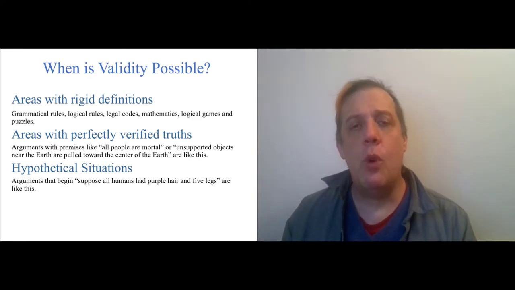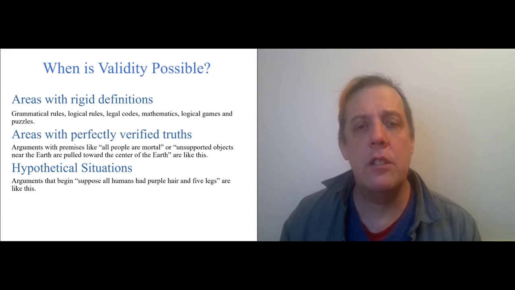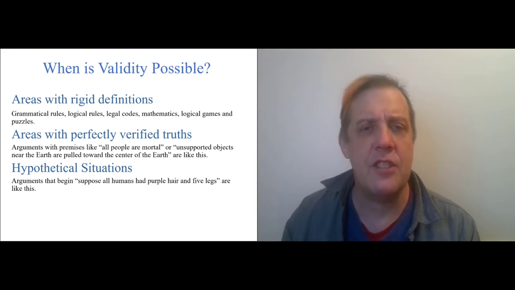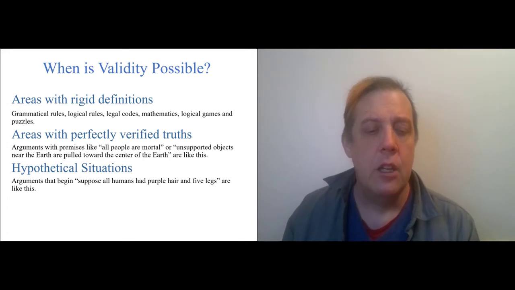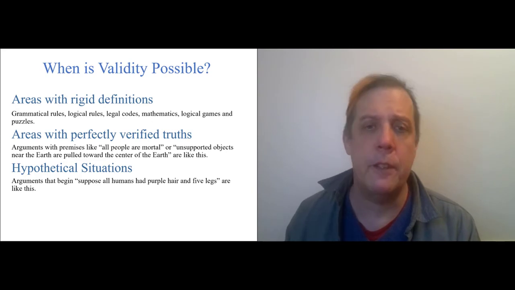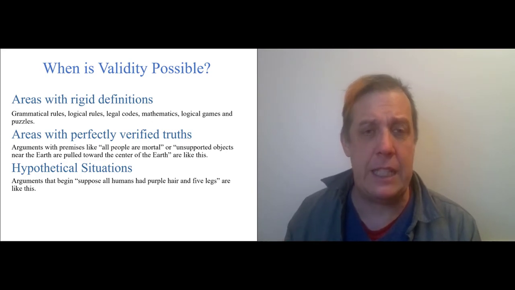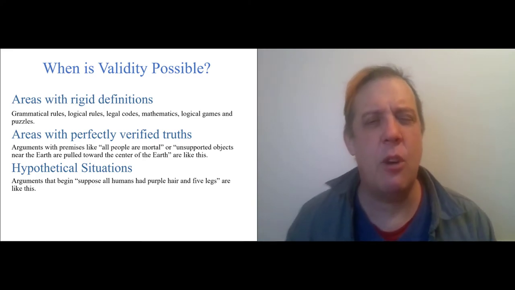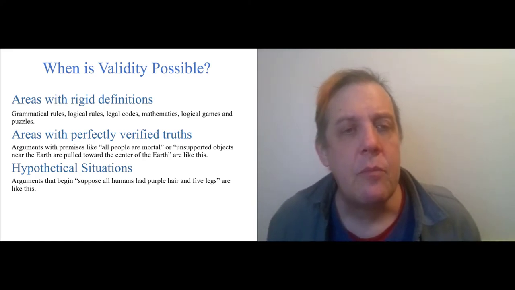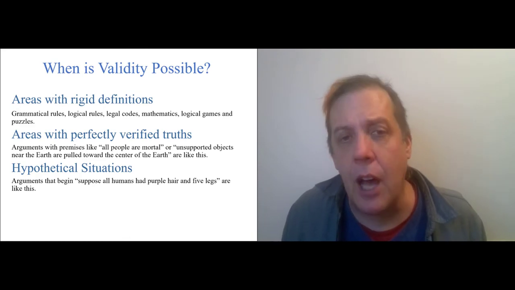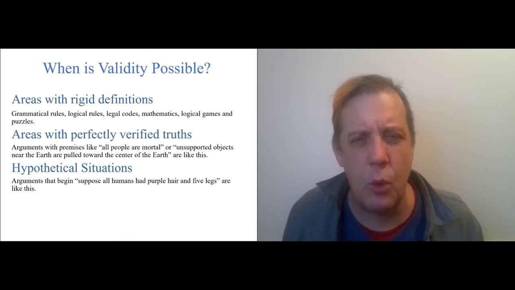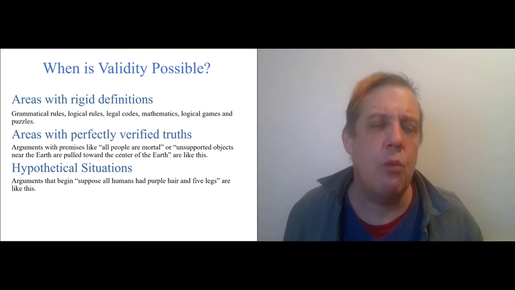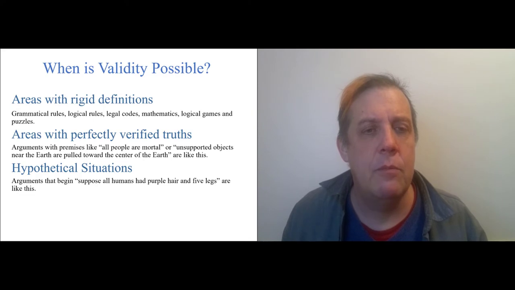So if you want to know a mathematical statement, you can reason to the truth of that statement with validity. 2 plus 2 equals 4 can be proven from other premises with validity. Math, pure math, not math tied to the messy physical world, but the idea of pure number, this is a realm where validity is possible.